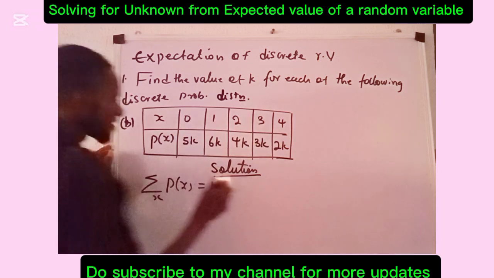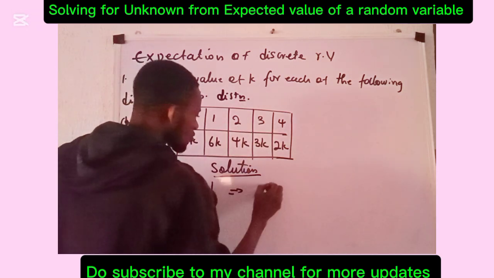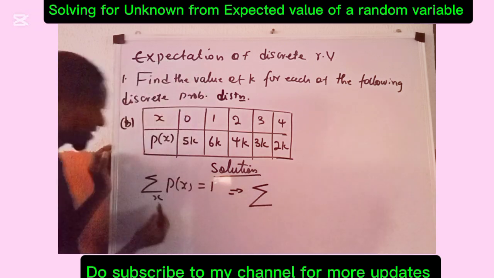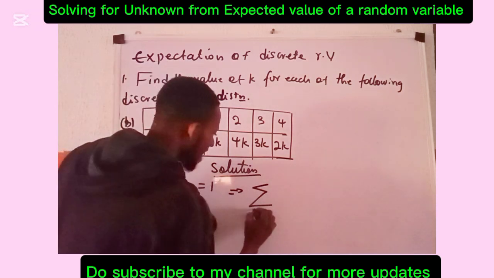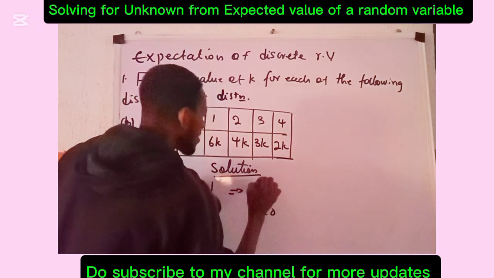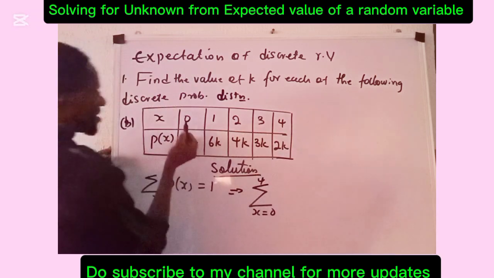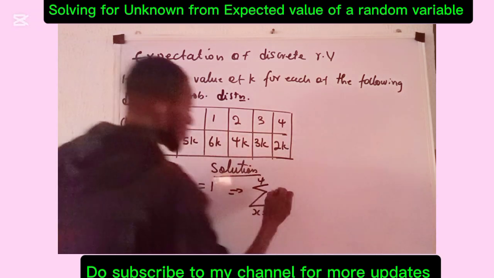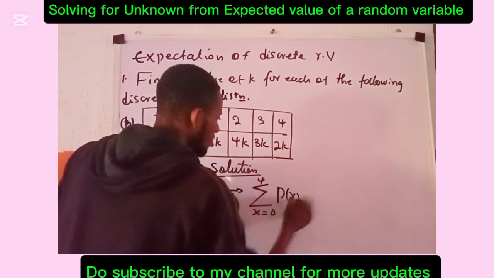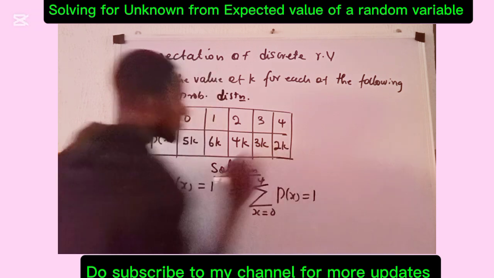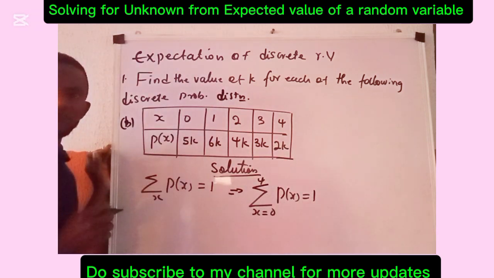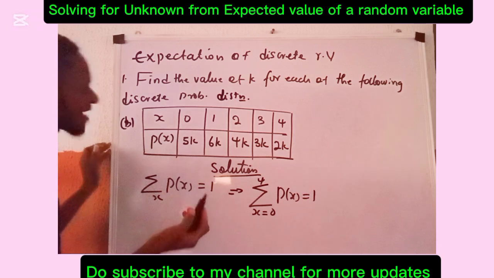So I can easily say that this implies sum. I won't write this x again. I will say that x begins from 0 and ends at what? At 4. It begins from 0 and ends at 4. Of P of what? Of x. This is expected to give me 1. So what do I do?